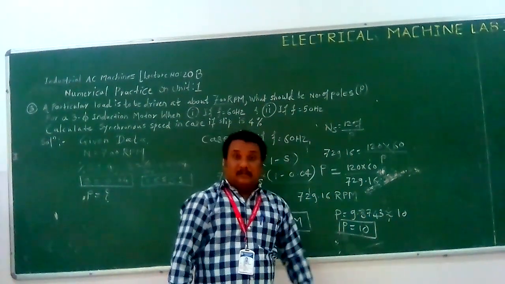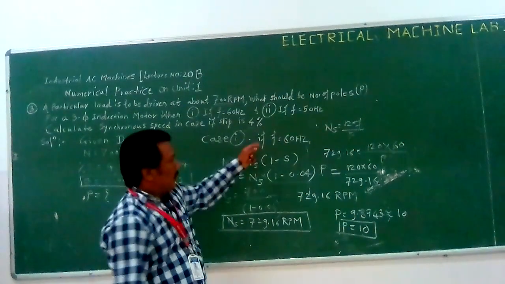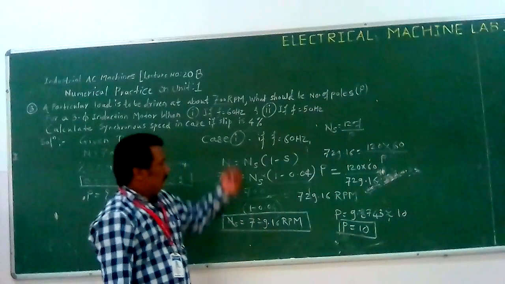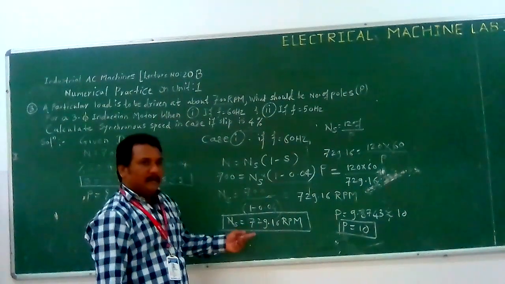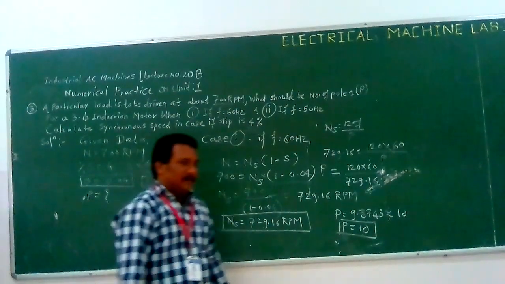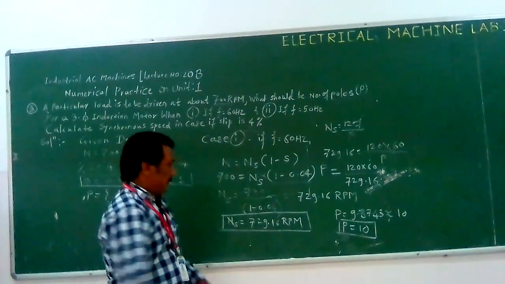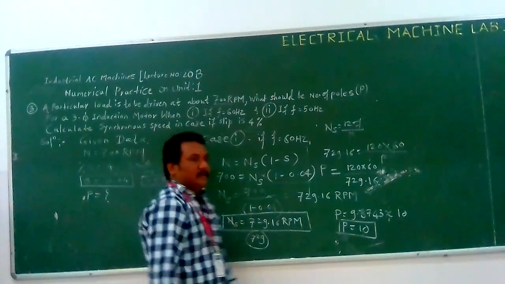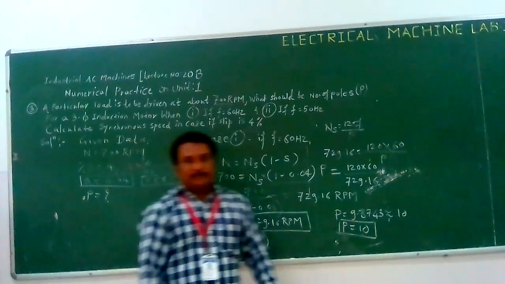That is the case 1 calculation. For case 1, frequency is given as 60 hertz. Then we calculate synchronous speed, Ns is equal to 729.16 rpm. Students may write here 729, because speed never comes in a fraction.